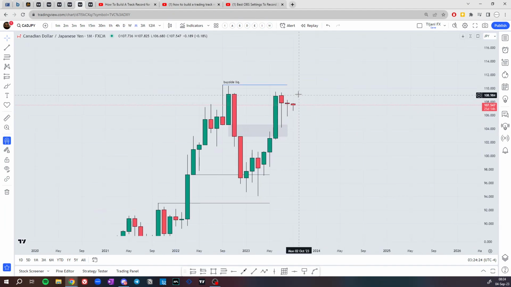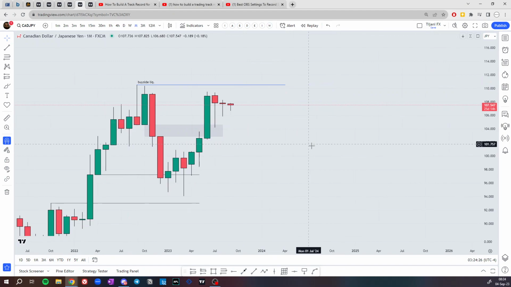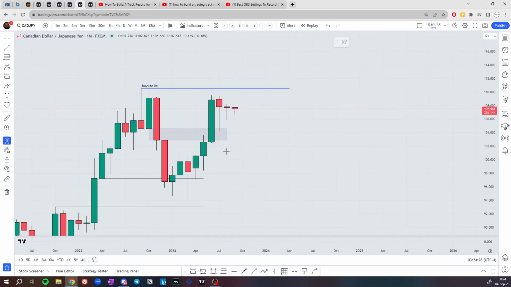Like we see, the buy side liquidity above this high, and we could see price drop lower, taking these lows here to this monthly fair value gap. We could see price drop lower to this monthly fair value gap, then a continuation higher, taking the sell side liquidity below these accumulations here.